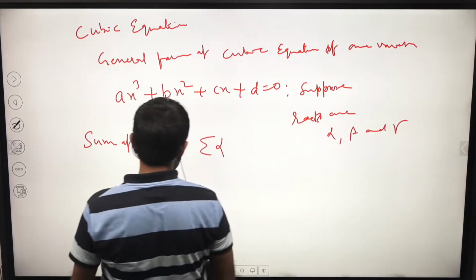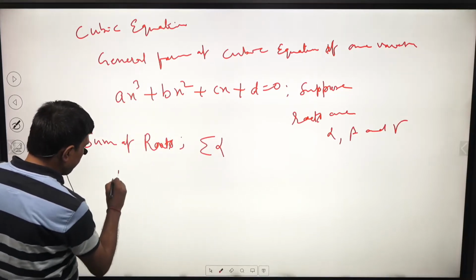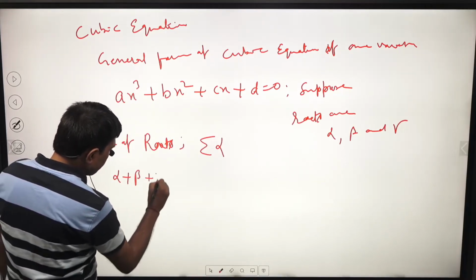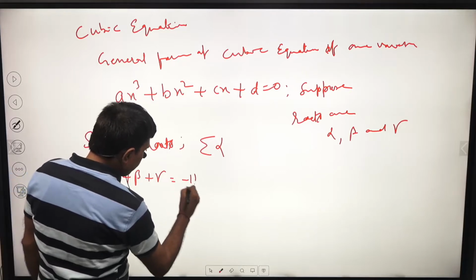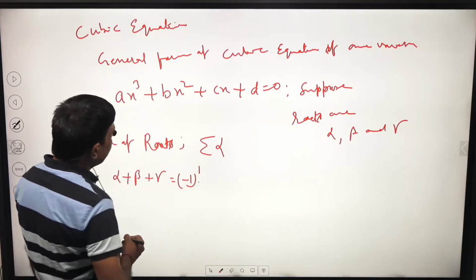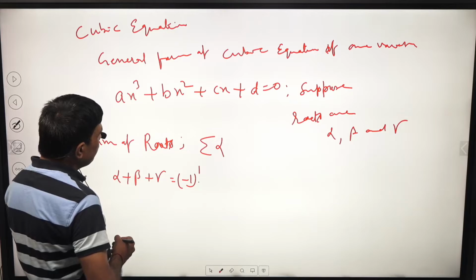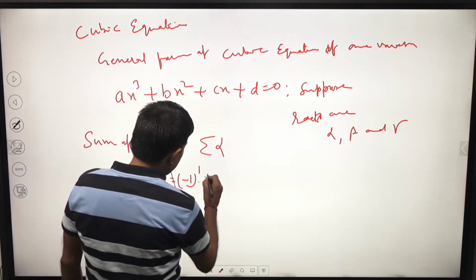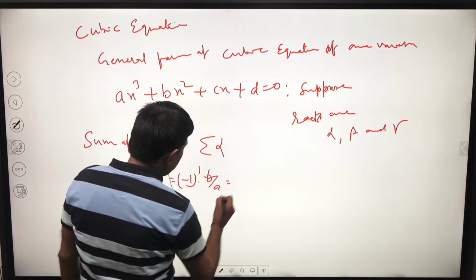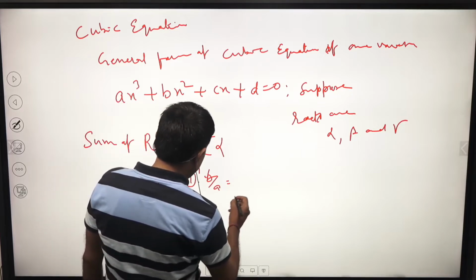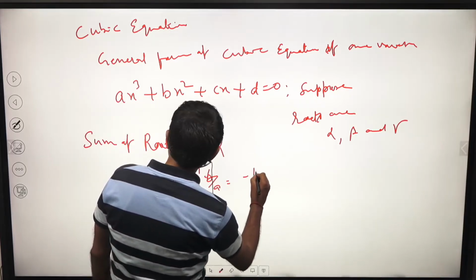So sum of roots means sigma alpha, that means alpha plus beta plus gamma. So minus 1 raised to the power 1 into b by a, that is minus b by a, okay?